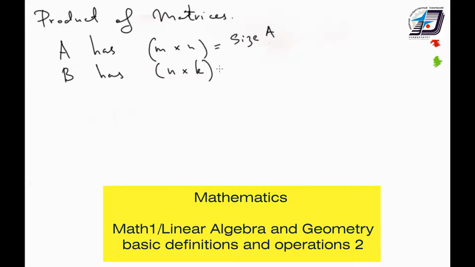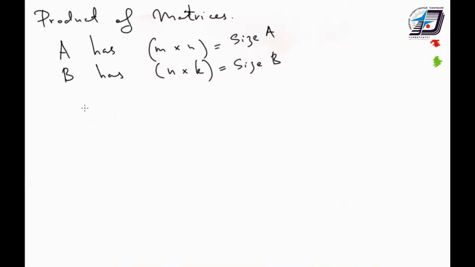So here we have the size of matrix A and the size of matrix B. If you want to multiply them, A times B gives a new matrix C.